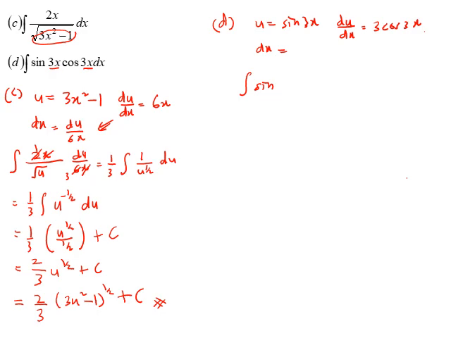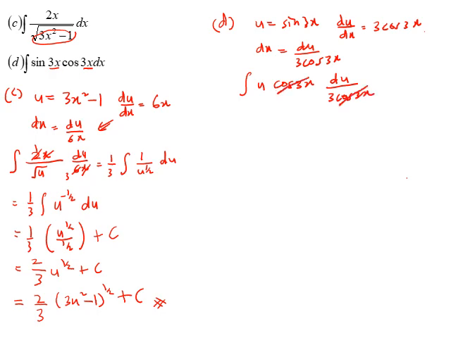So here dx is du over 3 cos 3x. So it's correct actually. So your sine 3x now becomes your u. So cos 3x you maintain, and then dx is equal to du over 3 cos 3x.